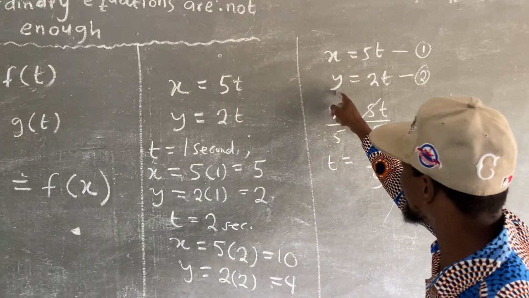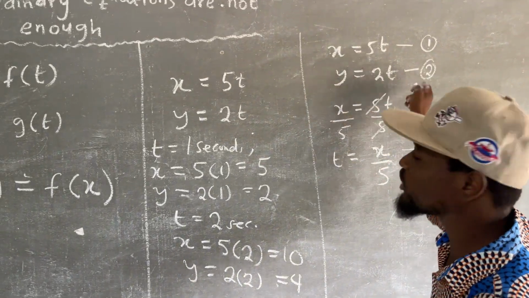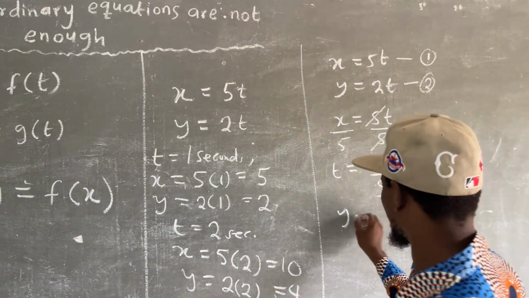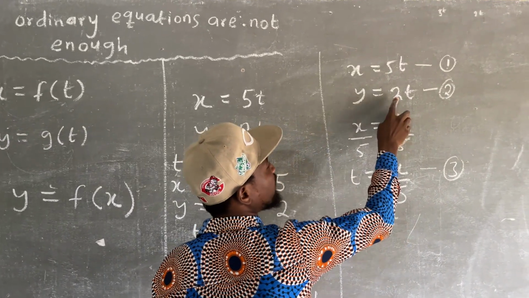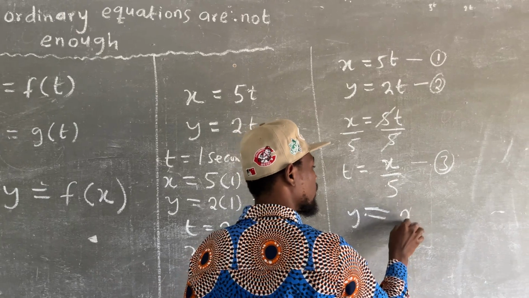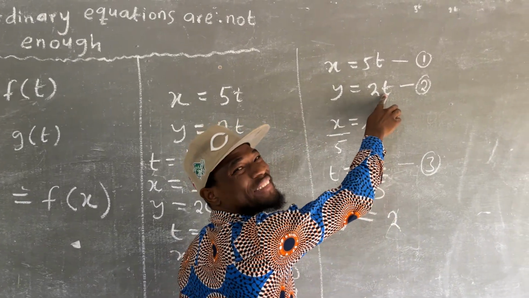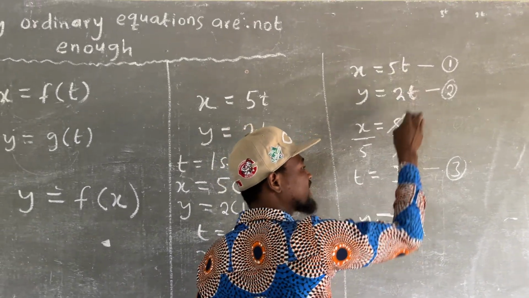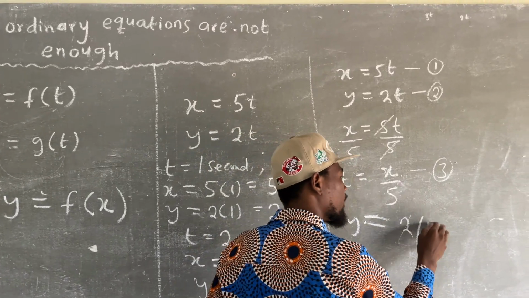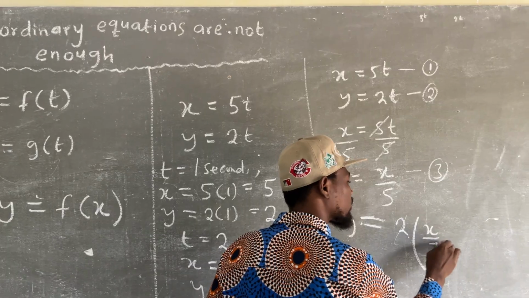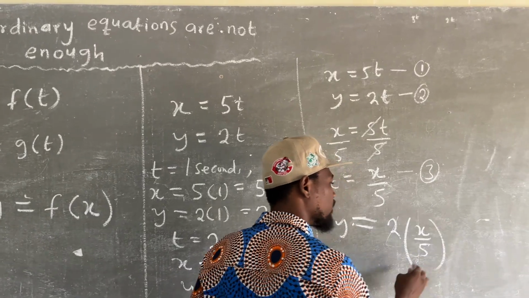Now I will substitute t, which is equal to x over 5, into equation 2. So I have y equal to 2 multiplying t, but t now is x over 5.